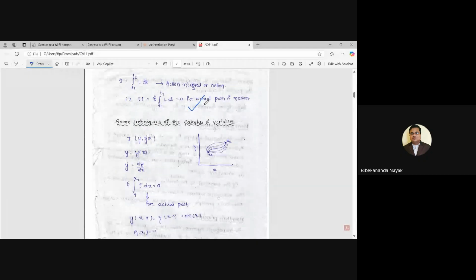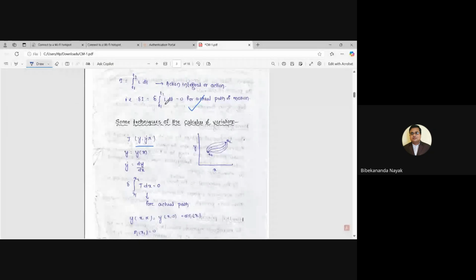For this, let us consider a general thing. Instead of the Lagrangian, let us consider any function J, which is a function of y, y dot and x. Consider y a position coordinate, y dot the velocity, and x the variable.